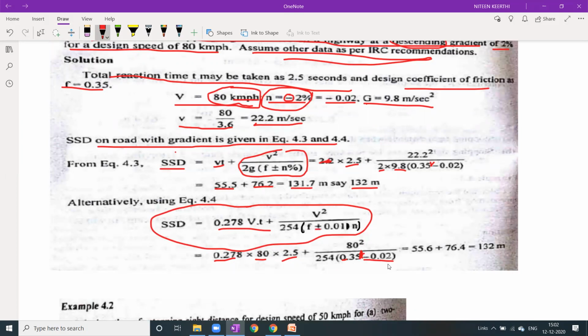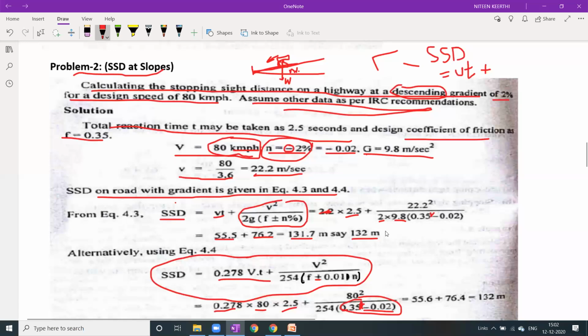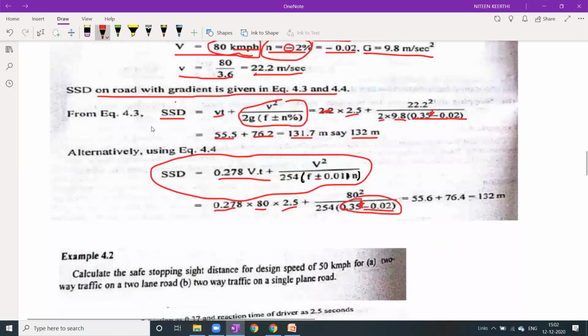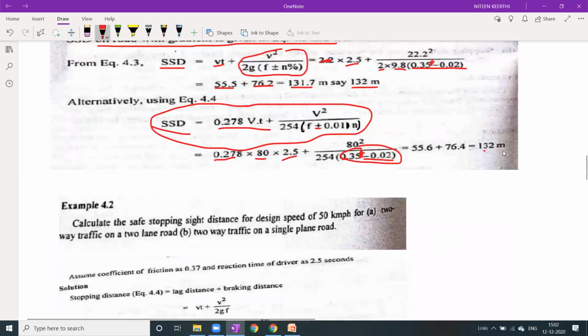So 254 into (0.35 minus 0.02), which is 0.33, similarly above also. So we get the stopping sight distance at slopes as 132 meters, same. You can take any of the formulas.